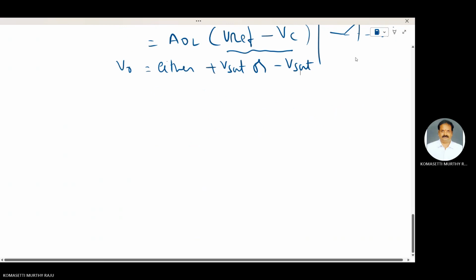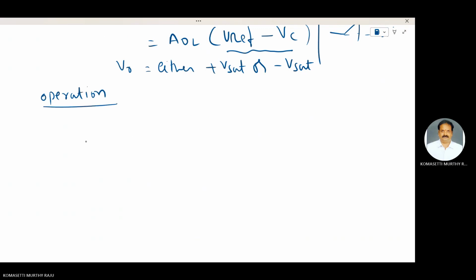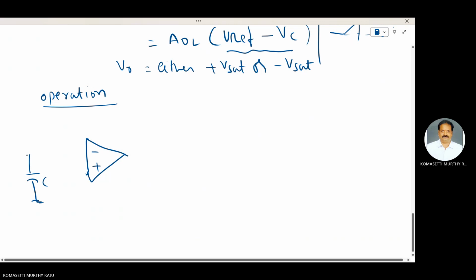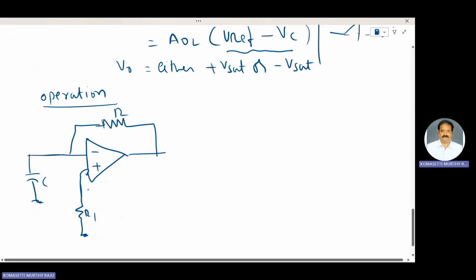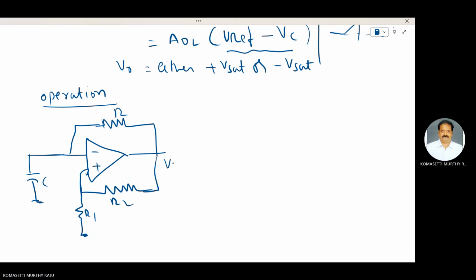Now the operation. This one is an op-amp. Capacitor C is connected to the inverting terminal of the op-amp, with some resistance R. The voltage divider circuit consisting of R1 and R2 is connected to the non-inverting terminal.